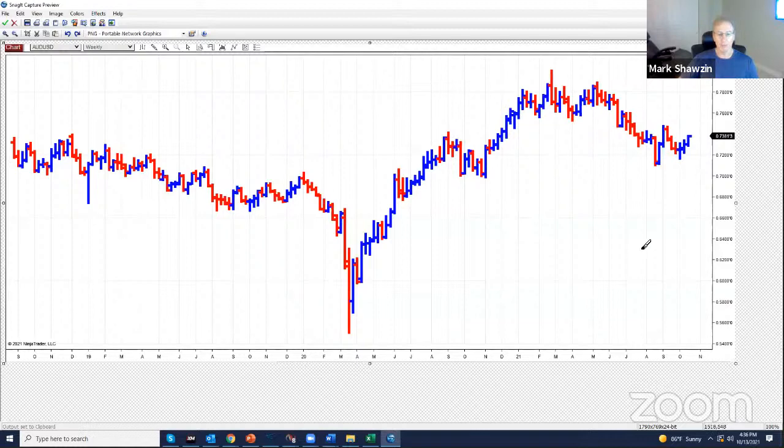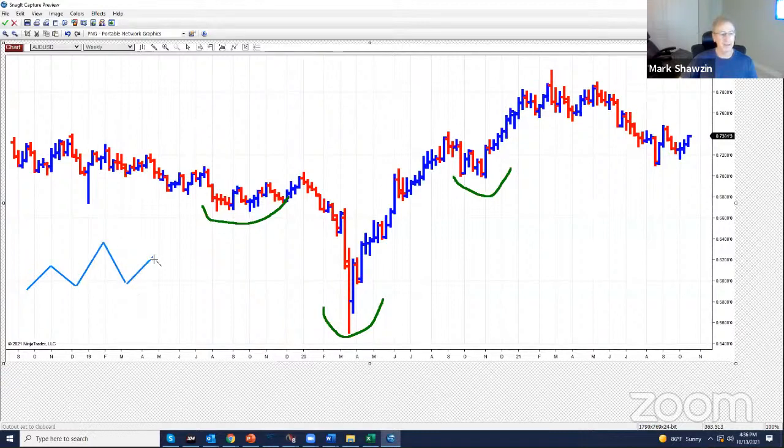So when I break apart these price patterns, what I see is an upside down or inverted head and shoulders. A head and shoulders is a price pattern which looks just like a man or woman's left shoulder, the head is the head, and then you have the right shoulder.